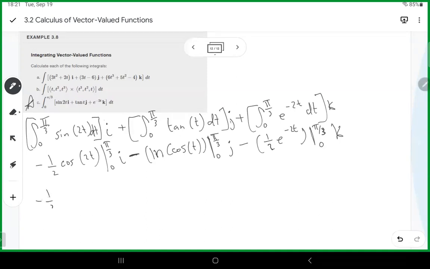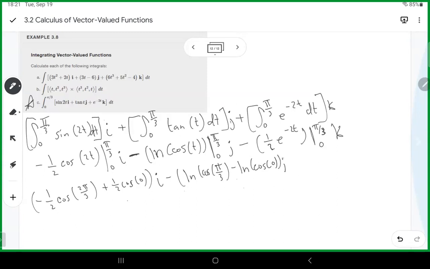So you have minus 1/2 cosine 2 pi over 3 plus 1/2 cosine of 0 i, minus the ln of the cosine pi over 3 minus the ln of the cosine of 0 j, minus 1/2 e to the negative 2 pi over 3 minus 1/2 e to the negative 2 times 0. Okay.